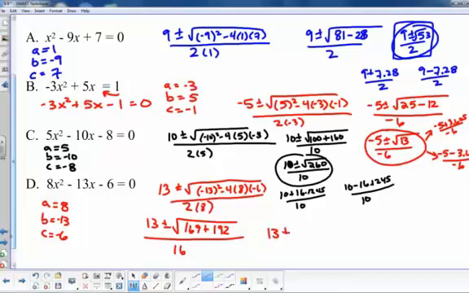So 13 plus or minus square root of 361 divided by 16. The square root of 361 is 19. So in this case, we should simplify because it's simplifiable.